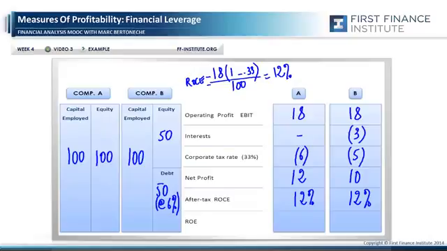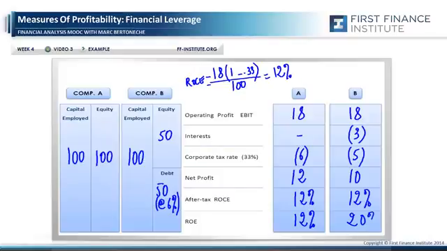Now, if you calculate the ROE, remember the formula: ROE is the net profit divided by equity. Net profit for A is 12, divided by 100 of equity, which is 12%. While the net profit of company B is 10, but on 50 of equity, so 10 divided by 50 is 20%.